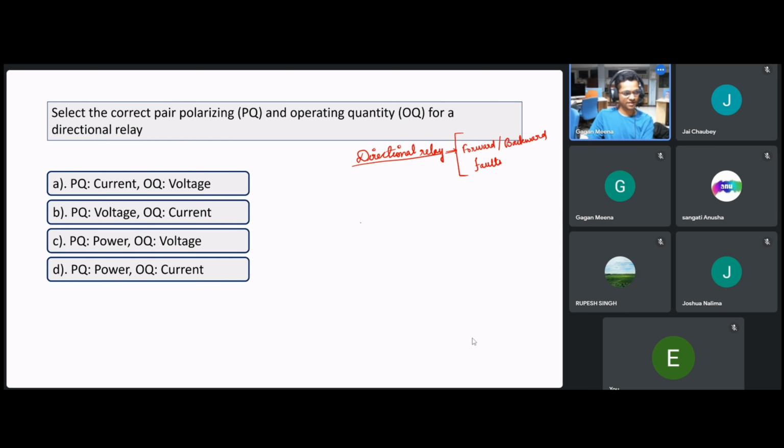For this distinction, what we do is we measure the phase difference between voltage and current. This is the voltage and this is current.